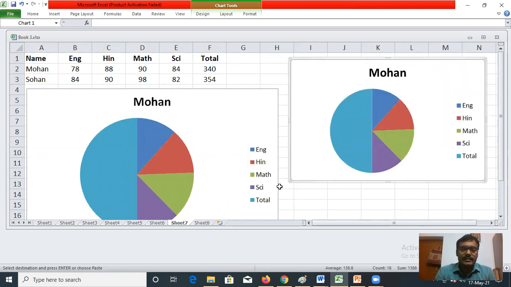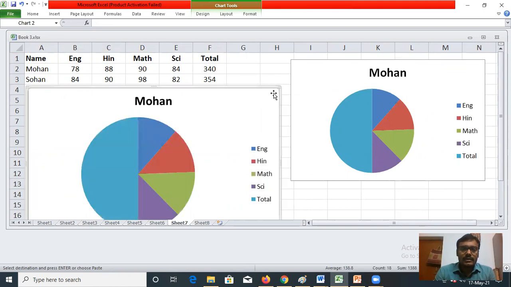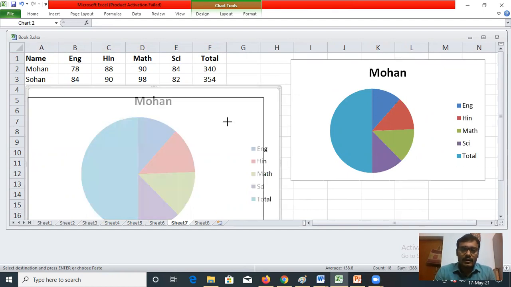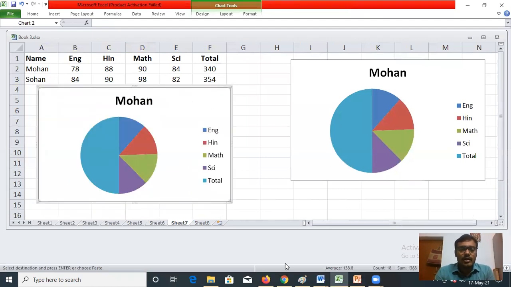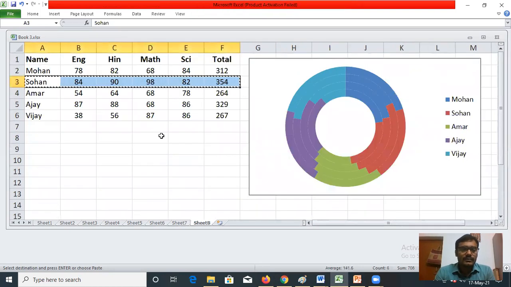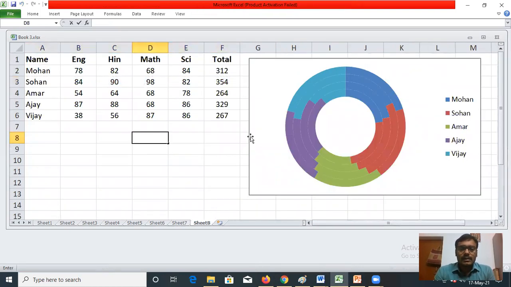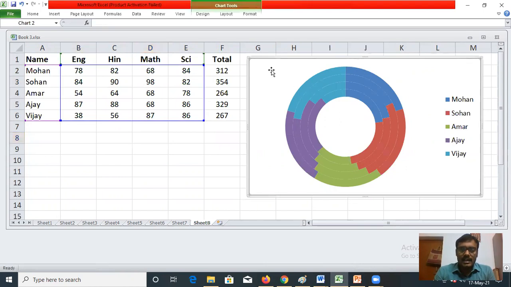But when you create a Doughnut chart, both the data series will be displayed. Two or more than two data series can be displayed in a Doughnut chart. This is the Doughnut chart which I have already created.